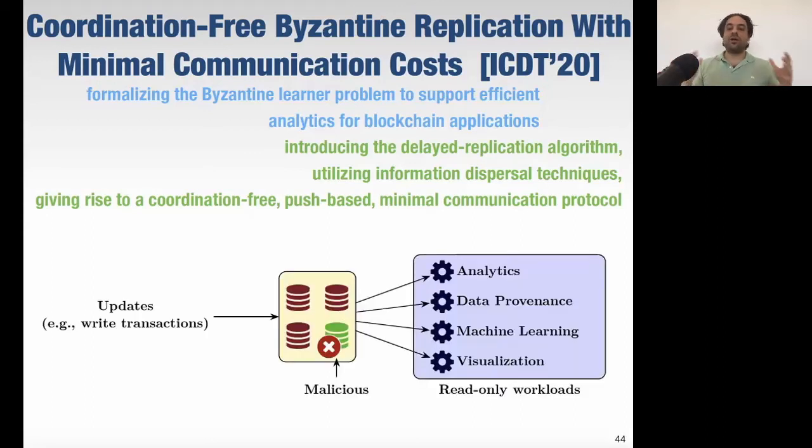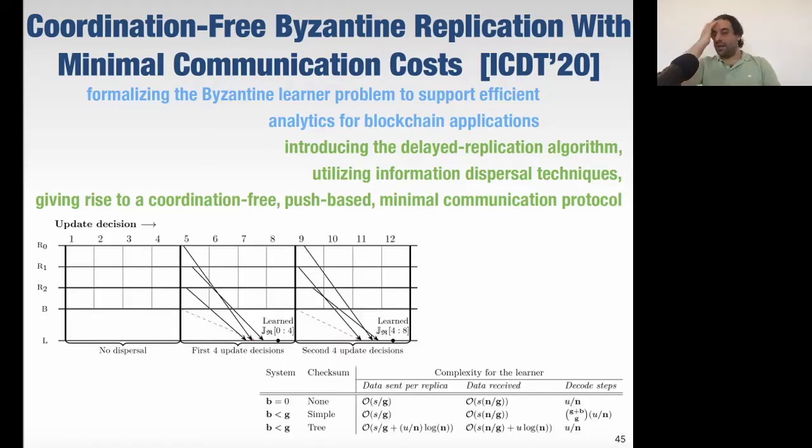So again, overall, we have our consensus that receives the update and the write transaction, and through the delayed replication, the outcomes of the consensus are pushed into the read-only workloads. Now, in terms of a more theoretical view of what's actually going to happen, there will be a lag. There will be a few rounds of delay.